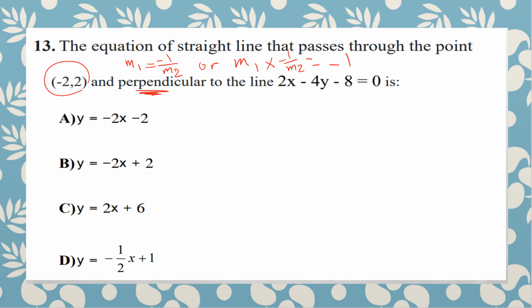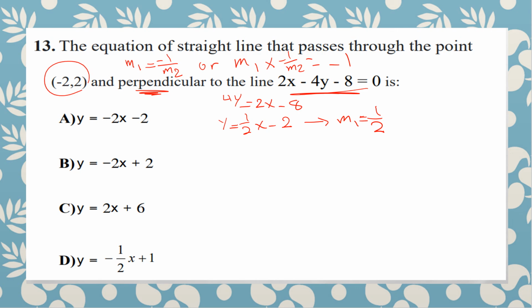Again, we should rewrite this equation into slope-intercept form: 4y equals 2x minus 8, and by dividing both sides by 4, we get y equals half x minus 2, and m1 here equals half.